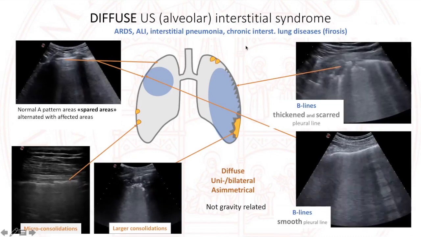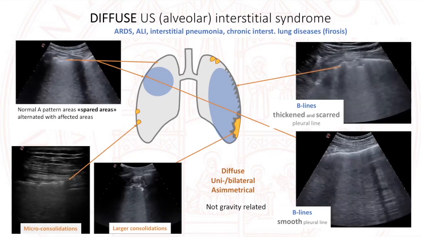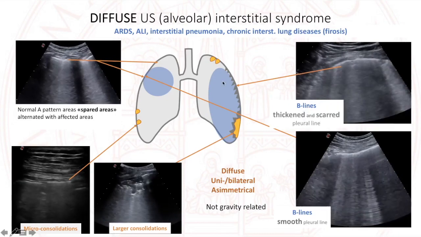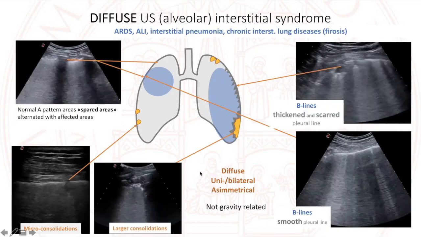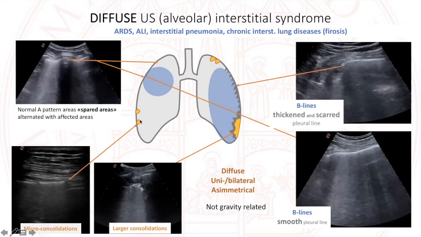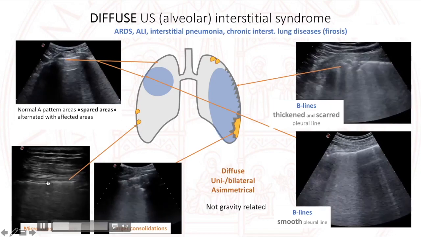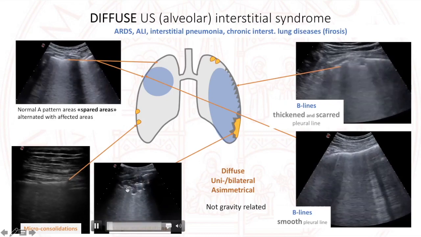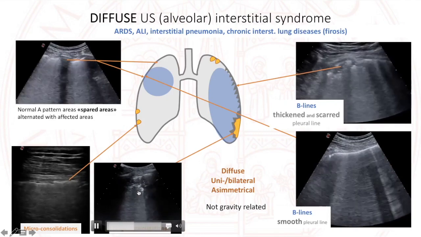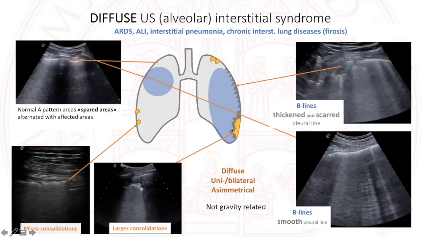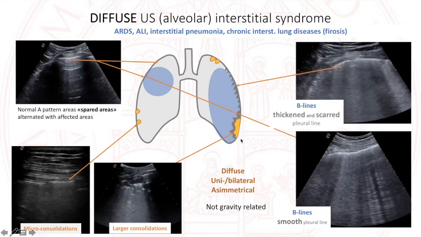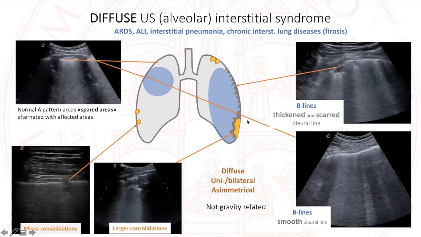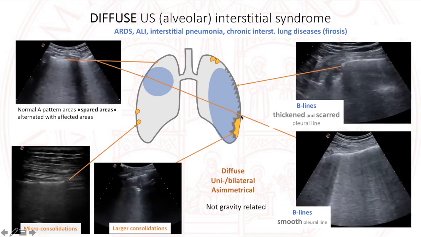In this case, what we have is a completely random appearance of all the different pathological findings that we already saw. For example, here you have some subpleural microconsolidations. Here are more prominent consolidations in this part, which is quite common at the basal part of the lungs.